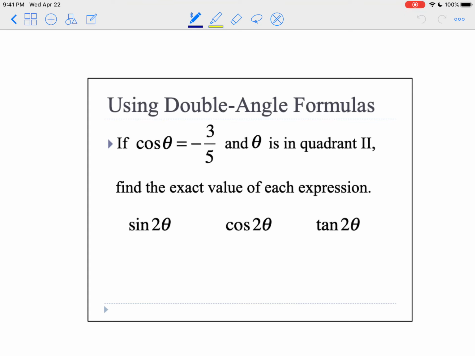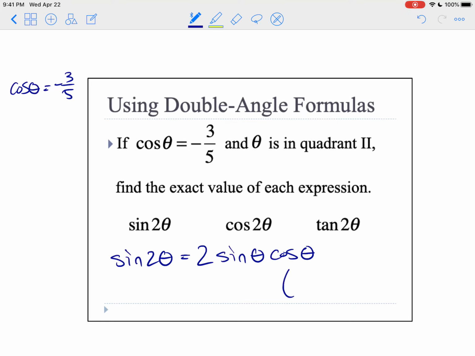But what we're going to do is first find sine of 2 theta. And we're going to use the double angle formula for that. Sine of 2 theta is 2 sine theta cosine theta. And I know that cosine theta is -3/5, so that means that x is equal to -3 and r is equal to 5, which means that y is equal to 4, because I'm in the second quadrant, so y is going to be positive.